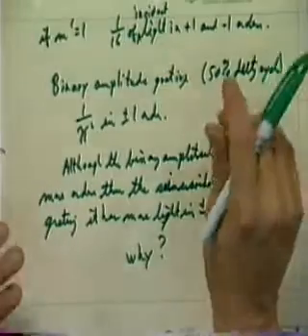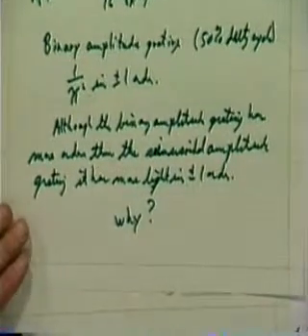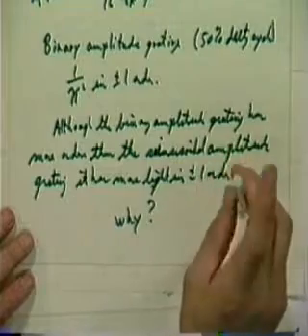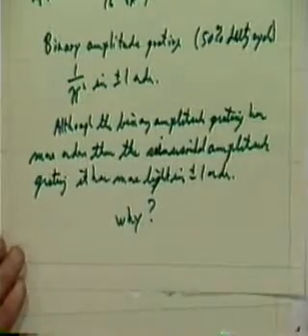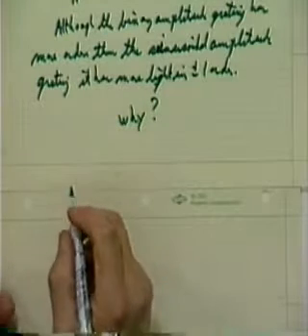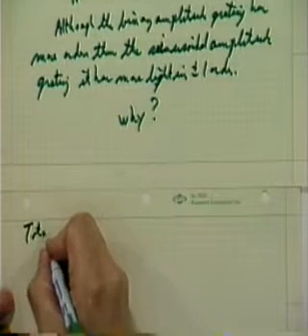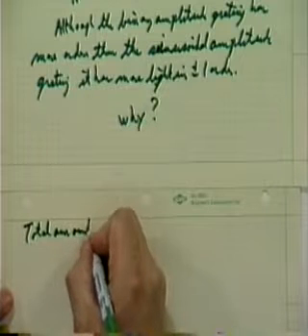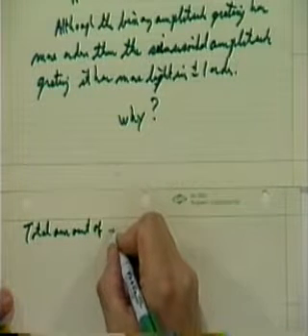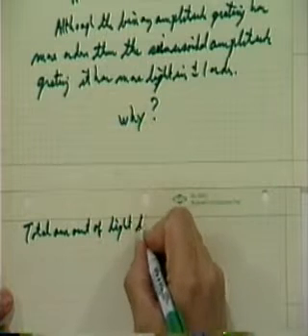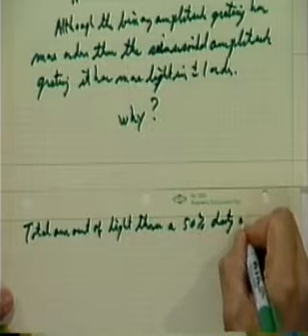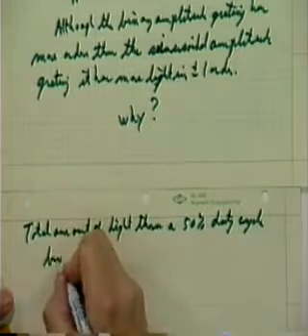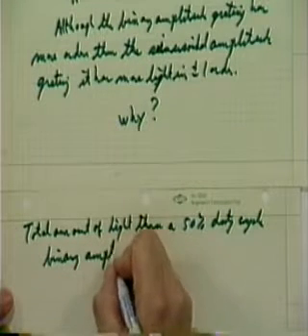Well, if the light doesn't go in that order, it has to go someplace. And so maybe it's absorbed is kind of a first guess I might make. And so let's see if we can think about this for a second. What's the total amount of light through a 50% duty cycle binary amplitude grating?